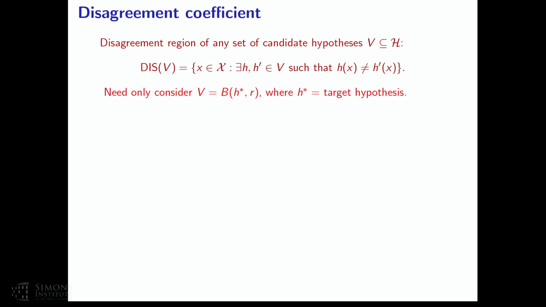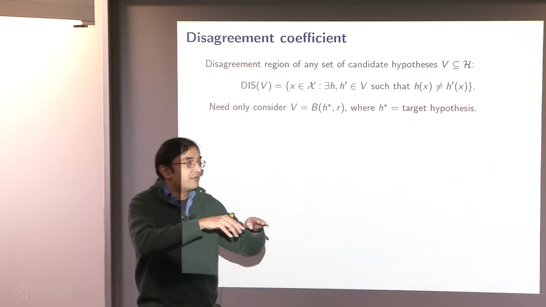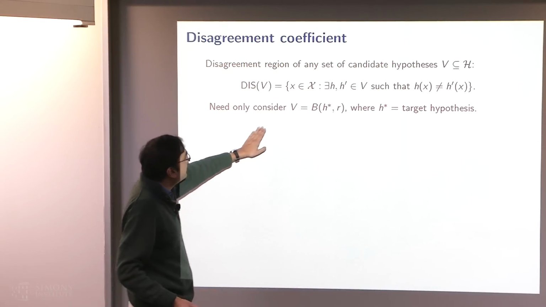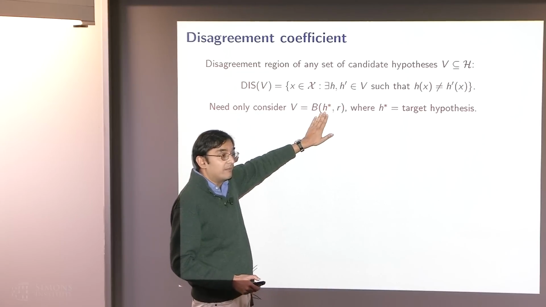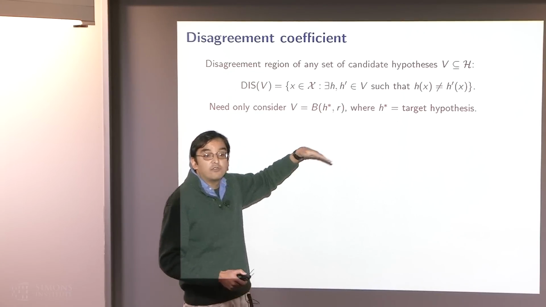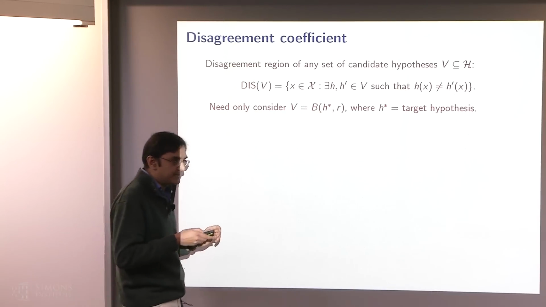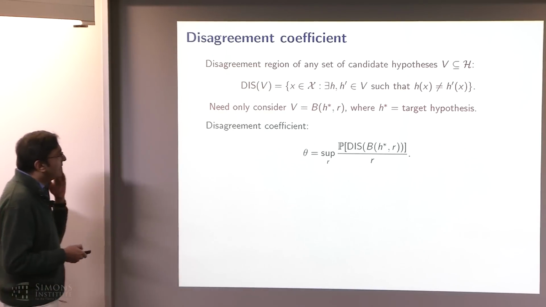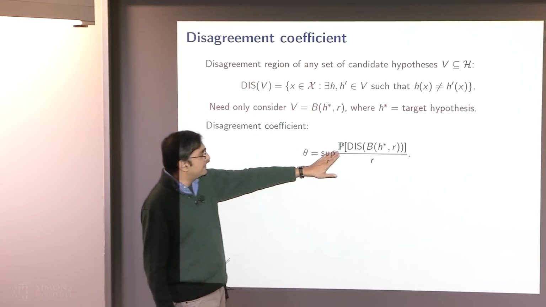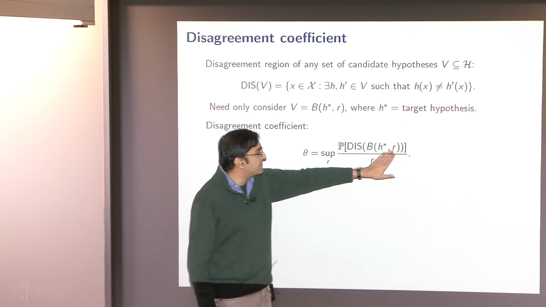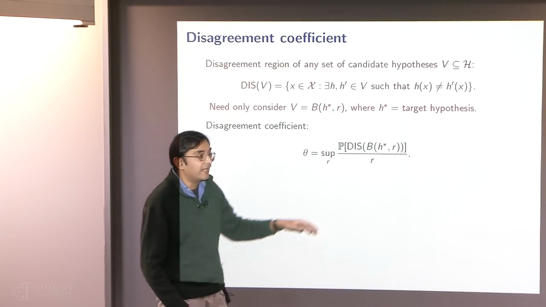After you've seen d over t points, we're looking at a ball of radius d over t around the target classifier. So we only need to think about version spaces of this form, a ball around the target of radius r. Every other version space we deal with is going to be inside one of these. And the disagreement coefficient is the probability of being in that disagreement region divided by the error rate.